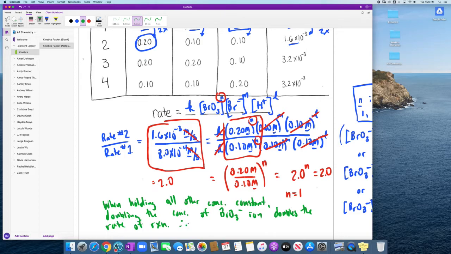Therefore, bromate is a first order reactant.